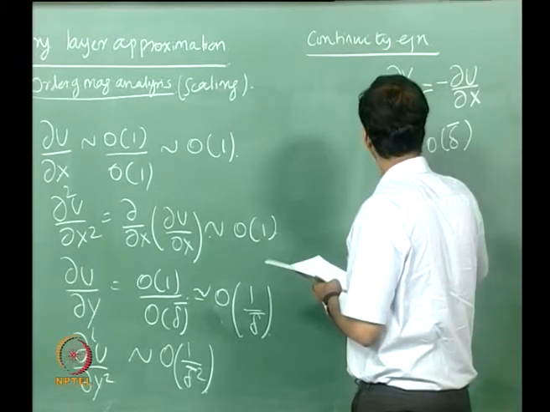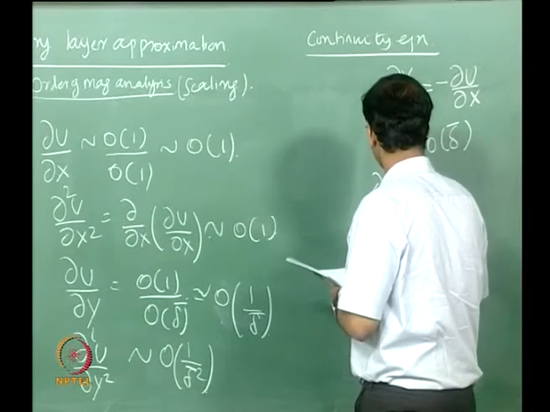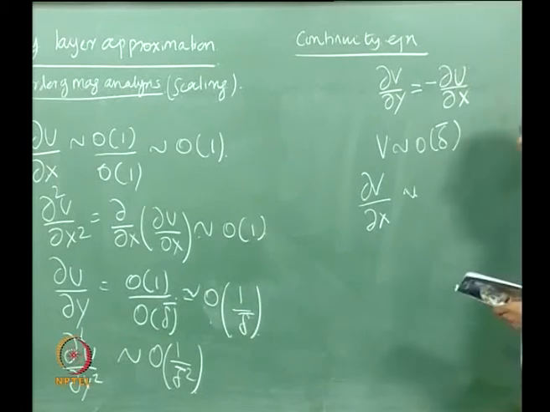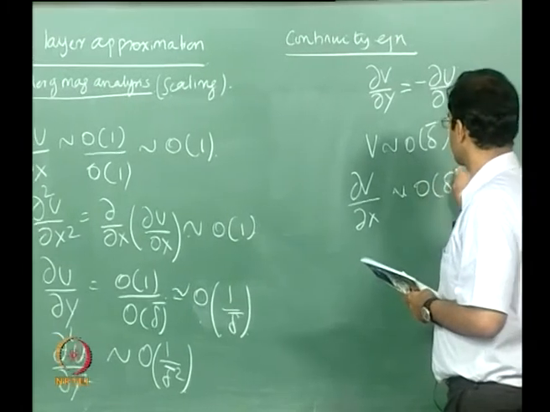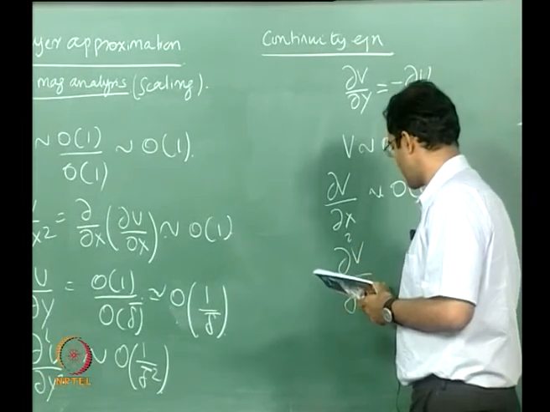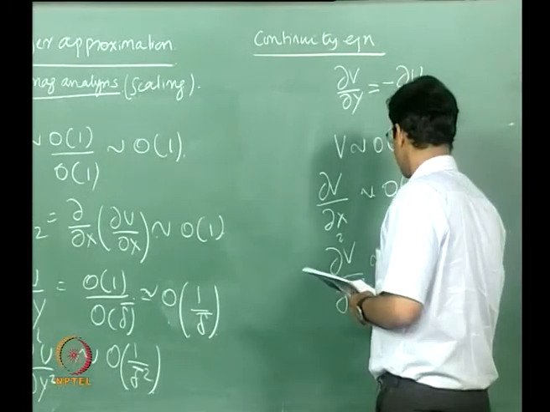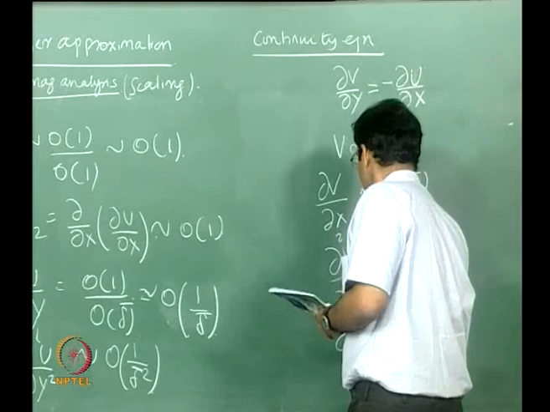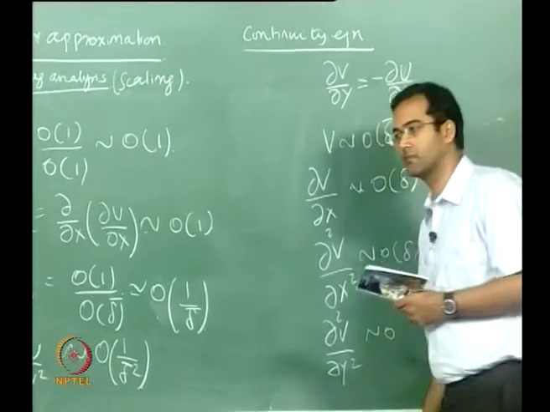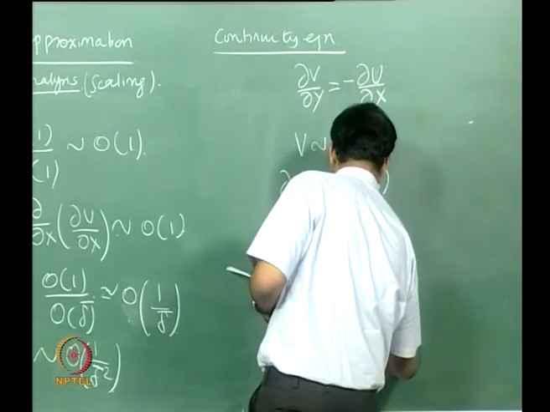So we know, so your dv by dx now should be what? What should be the order of magnitude? And your d square v by dx square, again delta, so d square v by dy square, delta by delta square, 1 by delta.